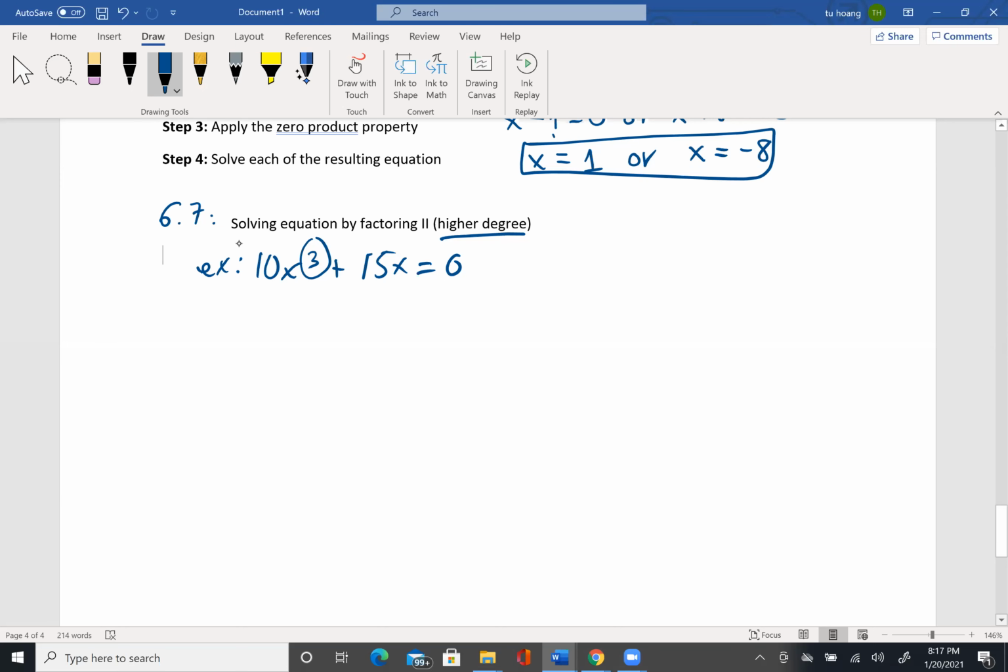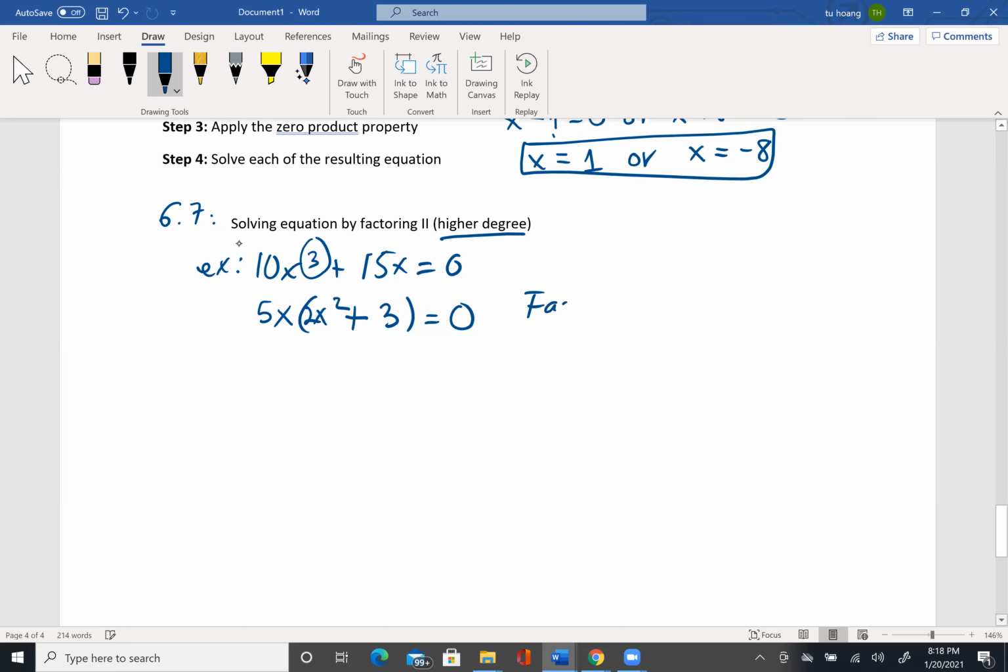So in this case, you will need to factor this. So what is the common factor of this? 5x is the common factor, and then 2x squared for the first term, plus 3 for the second one, and equals 0.